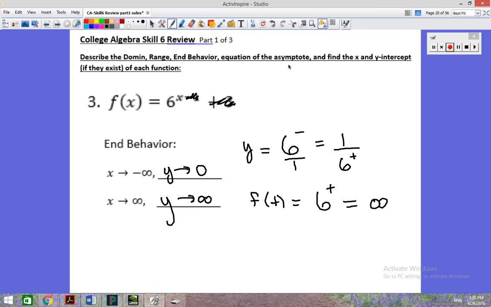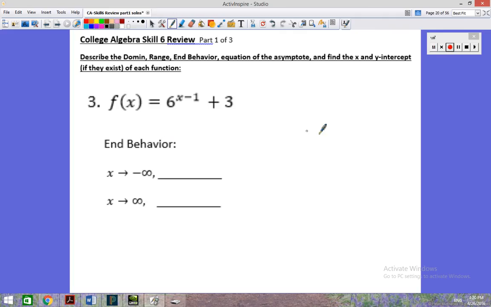If you want to rely on the picture of the graph, remember that our original 6 to the x was an increasing function, but it had been shifted to the left 1 unit, and then it was shifted up 1 unit.